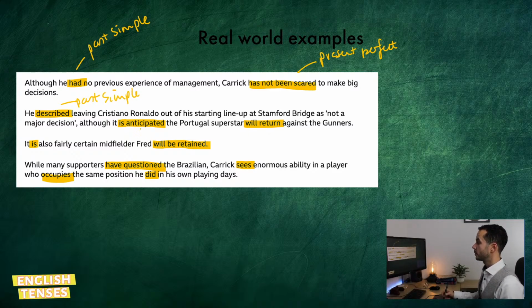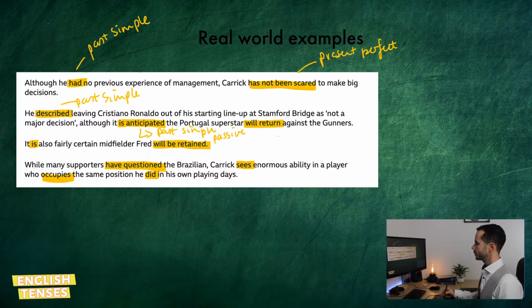And then we get, although it is anticipated, past simple passive. This is passive because this is anticipated by someone else, so is anticipated and it's not done by it, right? It is not the agent here, so that's why we use a passive sentence.